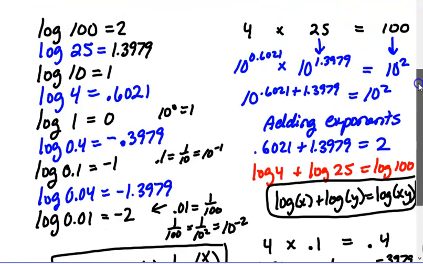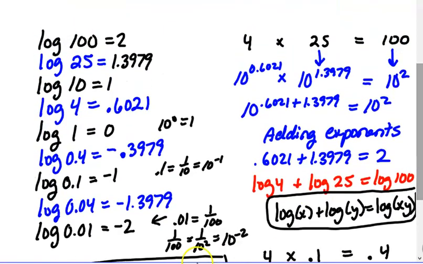So just to end, looking at all of our logs that we have here, can you figure out, without using your calculator, how to get log of 400? How do you get log of 400? Pause and see if you can figure it out. Okay, 400 is 4 times 100.